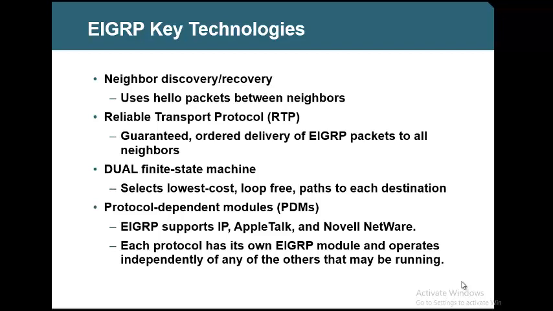In EIGRP, RTP is the mechanism using which EIGRP will know that we have given some update and the update has come, meaning the update has reached the neighbor. You need not do too much research on this RTP because it's not so important.